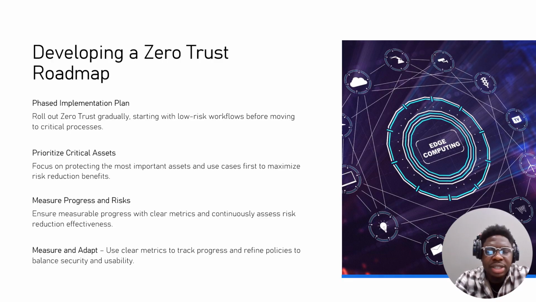Prioritize critical assets: focus on protecting the most important assets and use cases first to maximize risk reduction benefits. Measure progress and risk: ensure measurable progress with clear metrics and continuously assess risk reduction effectiveness. Measure and adapt: use clear metrics to track progress and refine policies that balance security and usability.